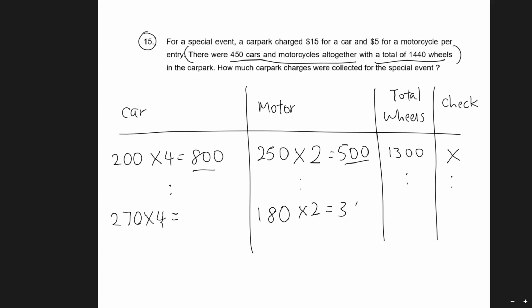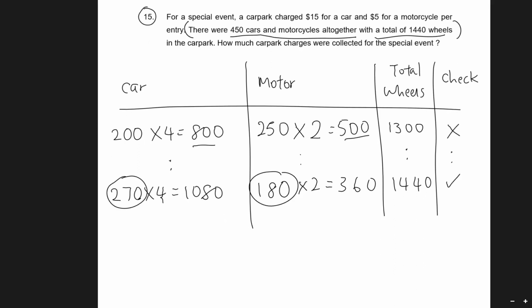Okay, this is after a few guesses, and I'm able to guess the numbers. If you do a double check, it should give you 1,440. So the number of motorcycles is 180. The number of cars is 270. Remember, circle. Circle helps you to see which are the important numbers.